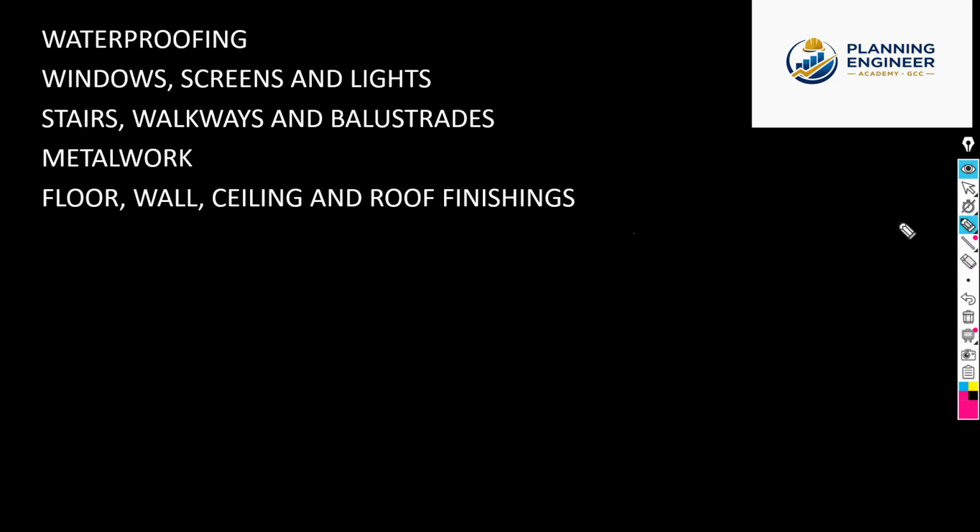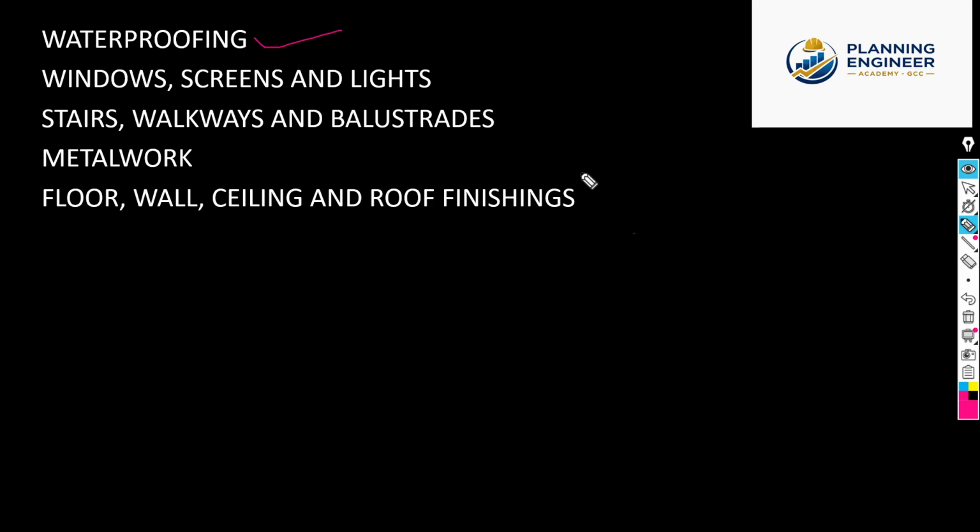Waterproofing. What is waterproofing? You can say that waterproofing is a critical step for wet areas and roof to ensure long-term quality. Actually, that waterproofing work we do on the slab or on the PCC before doing the footing.